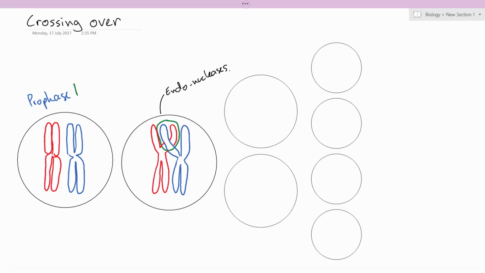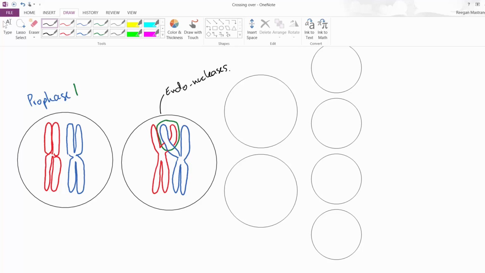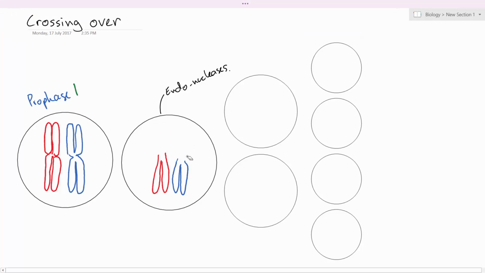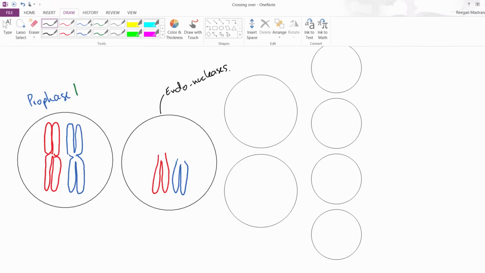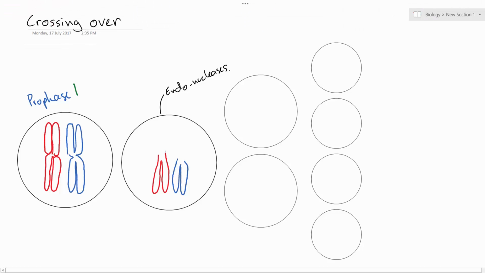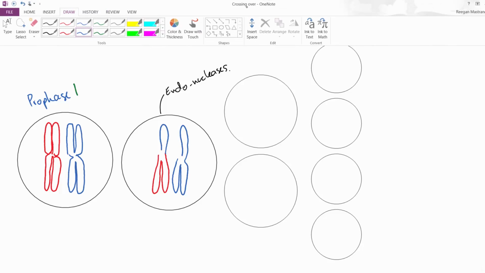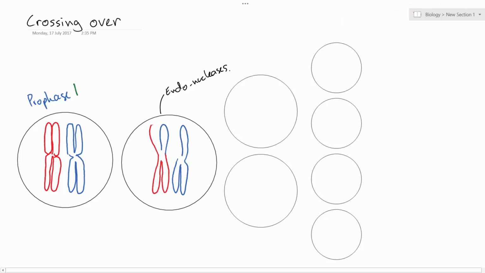So if we see the swapping over of the DNA, we'll get something that looks a little bit like this, where a segment of the blue chromosome has now attached to the red chromosome, and vice versa. So this has now given sister chromatids great variation compared to what they previously would have looked like, and the genetic information they would have contained.